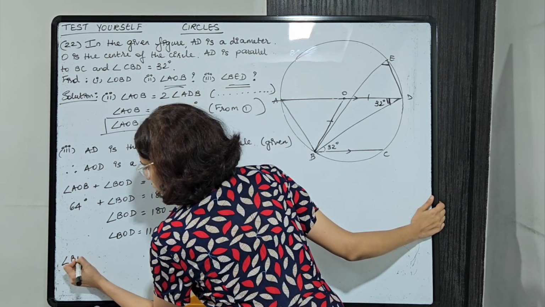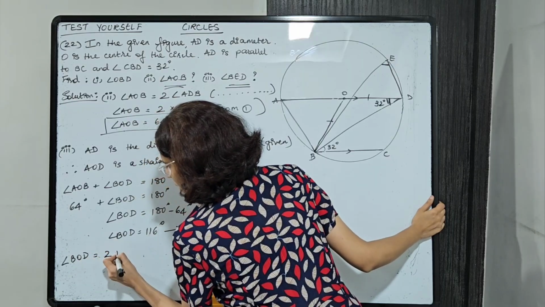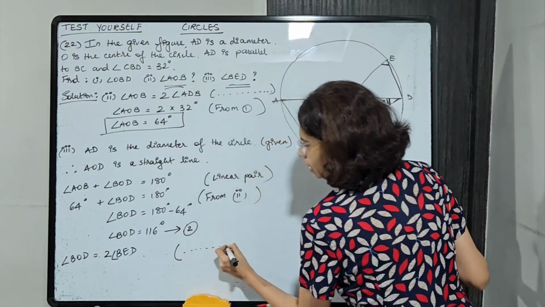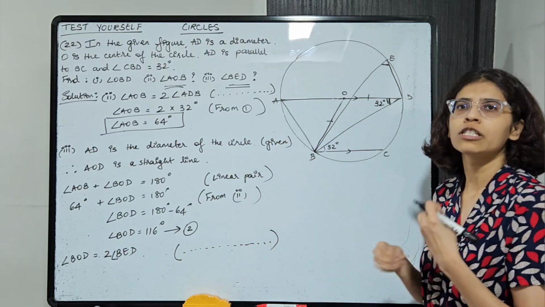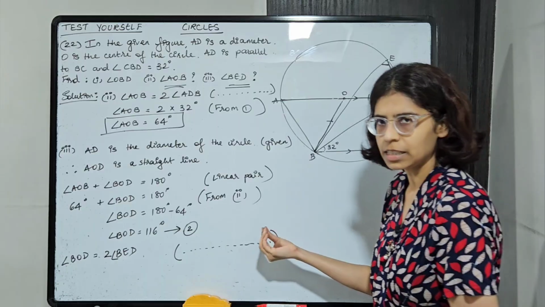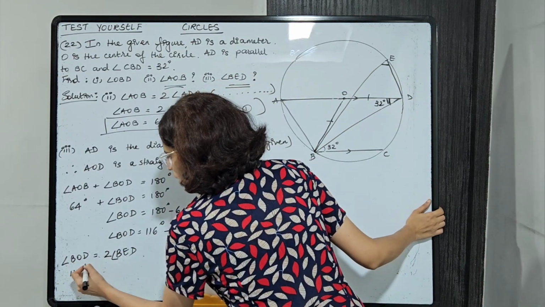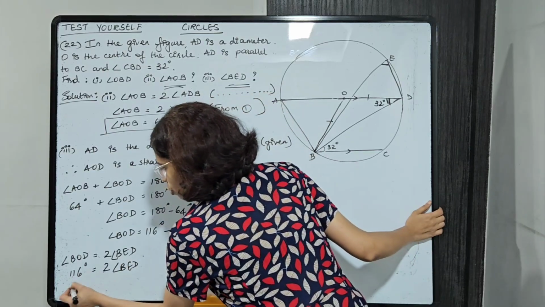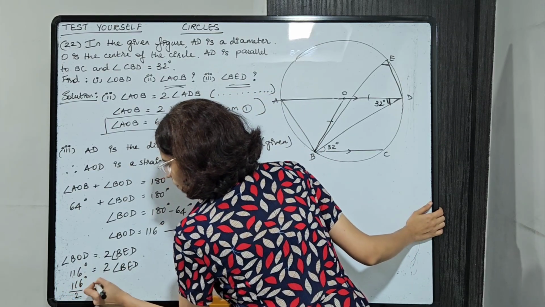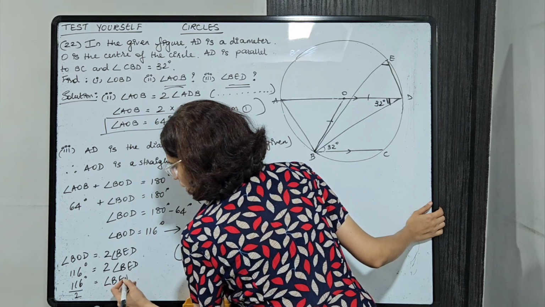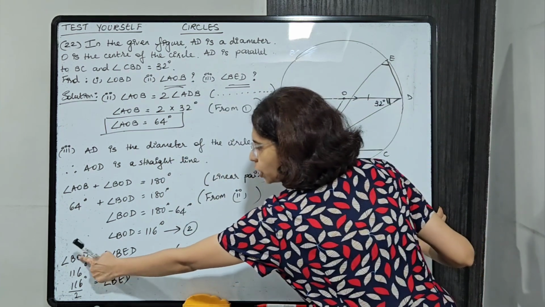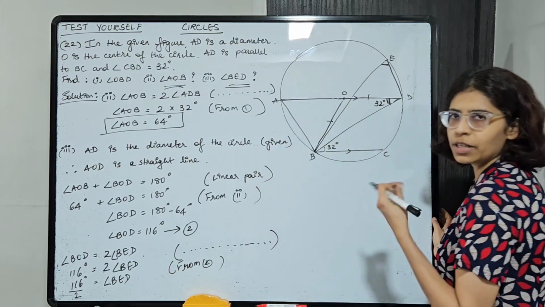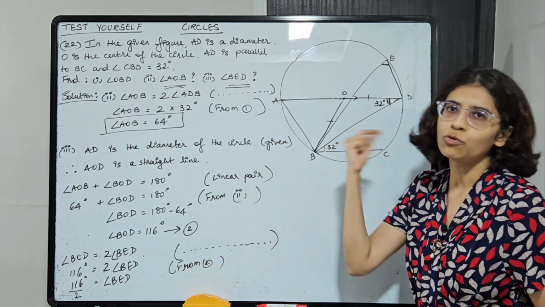Now write down angle BOD is twice angle BED. Angle subtended at the center is twice the angle subtended on the circumference. You have to write the full reason. Put the value of BOD, 116 degrees. It is twice angle BED. Shift the 2, so 116 by 2 is angle BED. Here you have put the value of BOD, so write here from 2. And you can write down angle BOD is equal to 116 degrees. Proven. Okay.